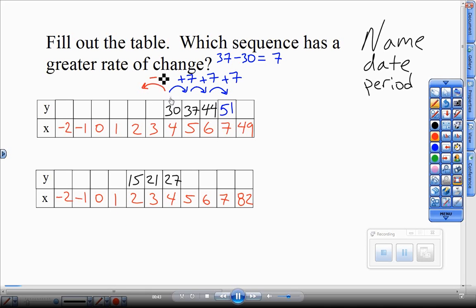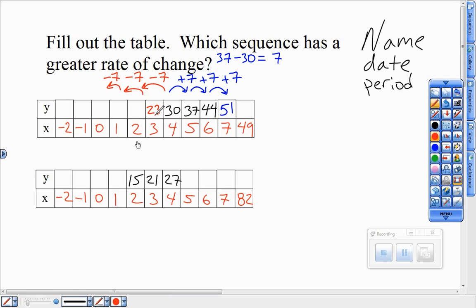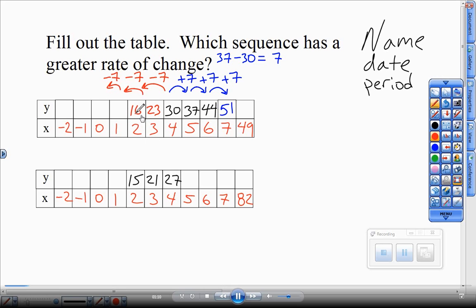The other way, the opposite operation, subtracting 7, subtracting 7, subtracting 7, all the way down, minus 7, all the way down. 30 minus 7, I'll help you out, gives you 23. 23 minus 7, it's going to give you, and make sure you use your calculator, or make sure when you have a calculator, gives you 16. 16 minus 7, it's going to give you 9. 9 minus 7, it's going to give you 2. 2 minus 7, it's going to give you negative 5.